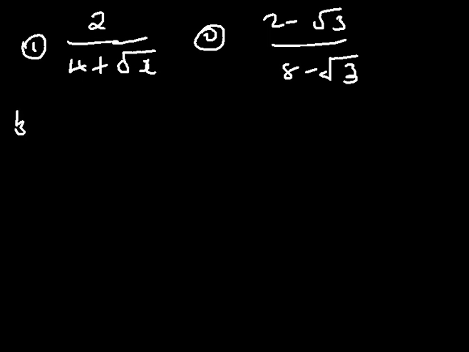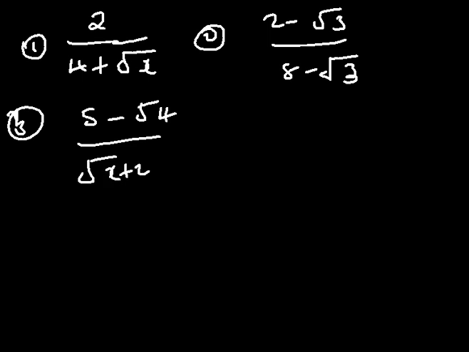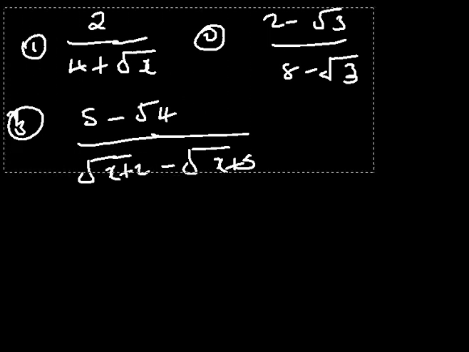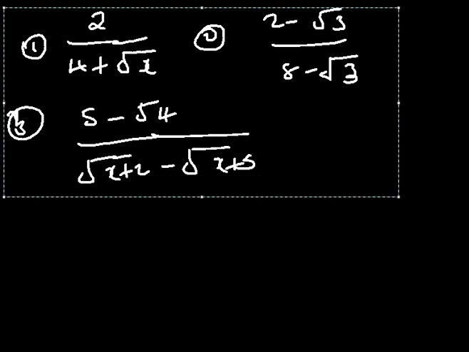And let's say we have something like 5 minus the square root of 4 divided by the square root of x plus 2 minus the square root of x plus 5. Try to rationalize the denominator in that way. So this is how you should get the rationalization.